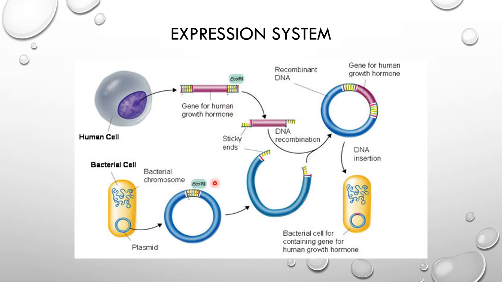Now the gene and the plasmid come together, and because both have sticky ends whose nucleotides match, they attach by complementary base pairing, and a recombinant plasmid is formed. When this recombinant plasmid carrying the human growth hormone gene is inserted into the bacterium, the bacterium will multiply the growth hormone gene, and from it we can isolate the hormone.